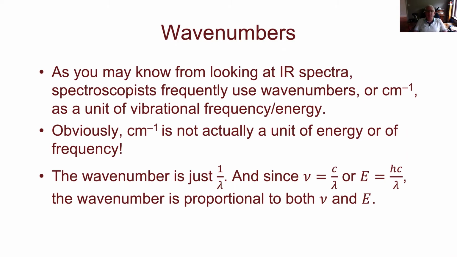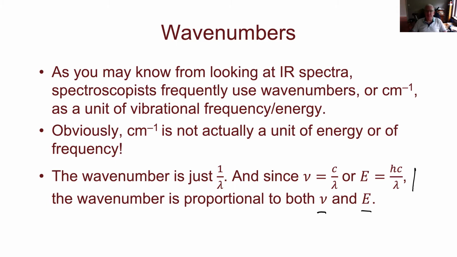Because nu, the frequency, is equal to c over lambda, I can say that E is equal to hc over lambda, which means I can get that directly by using my wave number. I could do hc times the wave number, and I would get that same effect. And so wave number is proportional to both frequency and energy, and therefore it is often used.